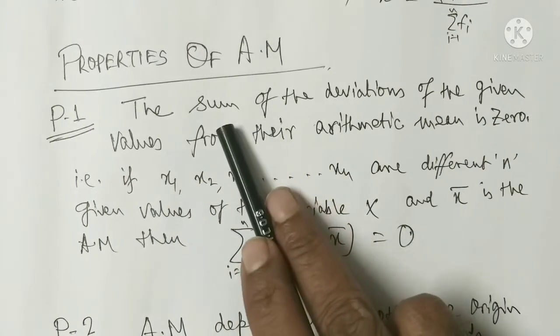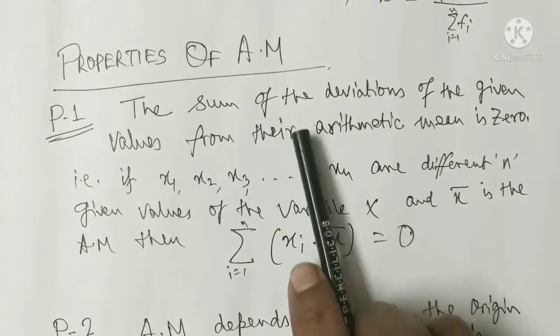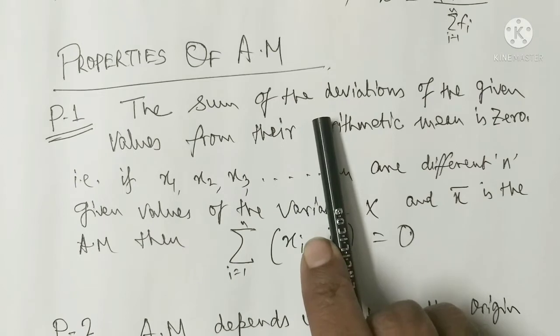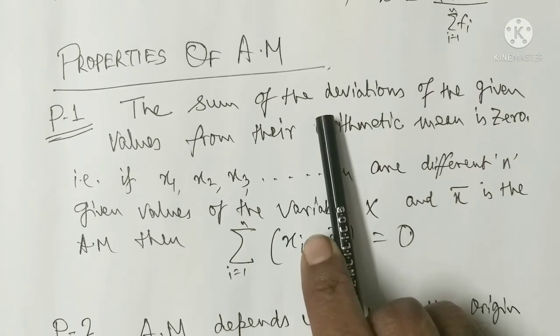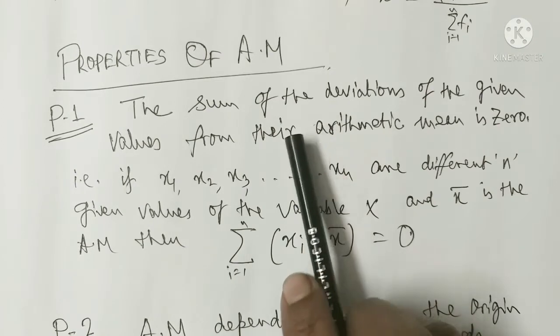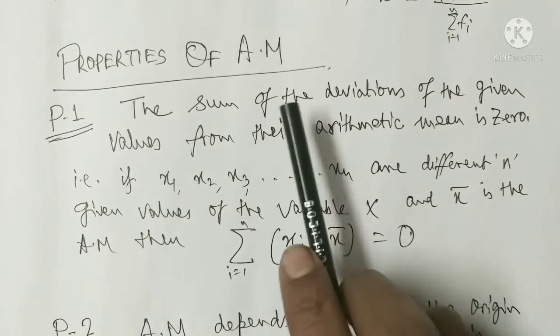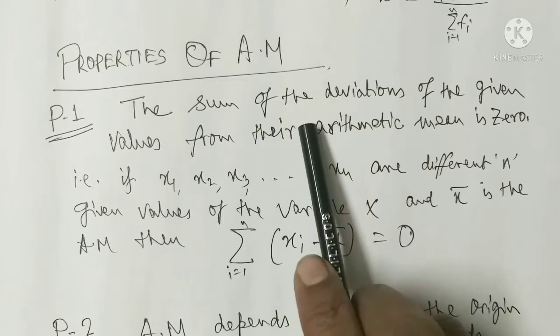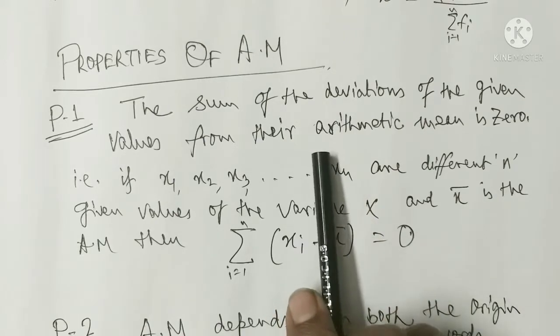The meaning of this sentence is, suppose the mean is 5 and the different values are 1, 2, 3, 4, 5, 6, 7, 8, 9, 10. Then x1 minus x bar, x2 minus x bar, x3 minus x bar are called the deviations.